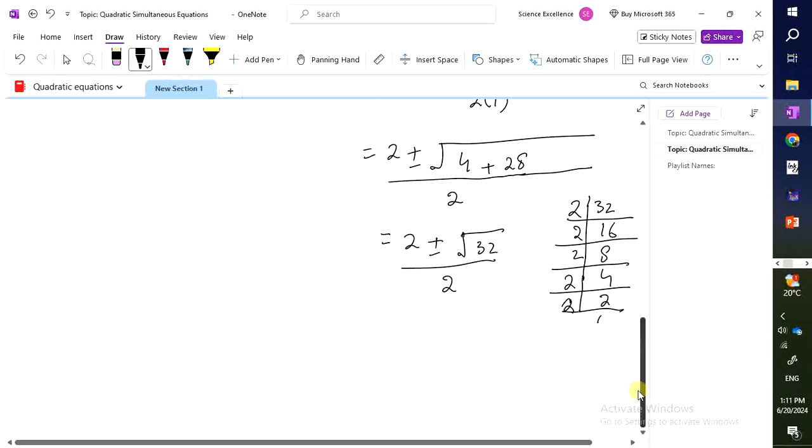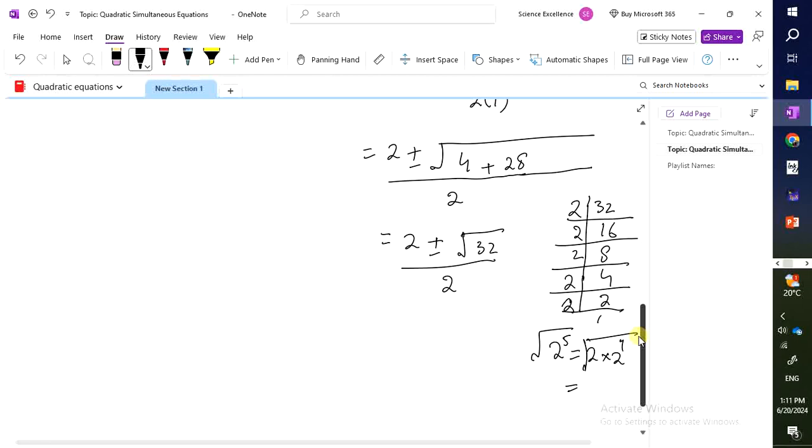And if we split into 2 powers, 2 power 5 can be written as 2 times 2 power 4, and it's root of 32, that means 2 power 5 square root, and it's 2 power 4, and the square root means power 1 by 2. So when you apply power 1 by 2, 4 divided by 2 is 2, so 2 power 2 we can take out, which is 2 power 2 times root 2. So 2 power 2 means 4, so we can write this as 4 root 2.